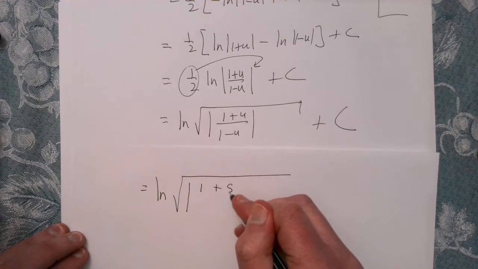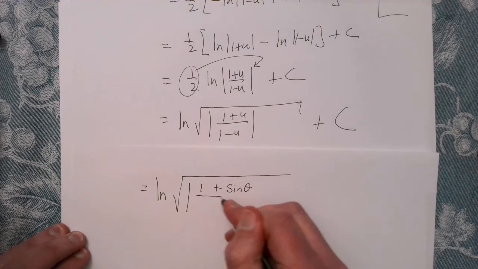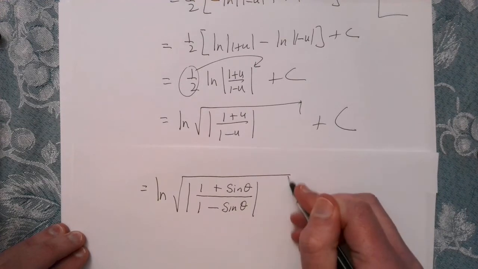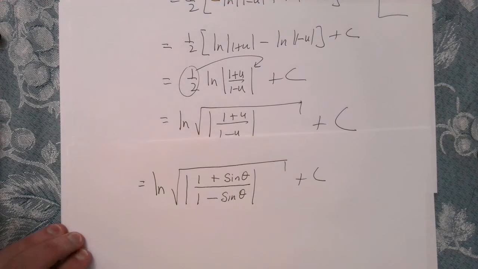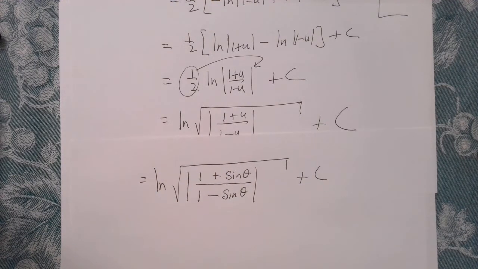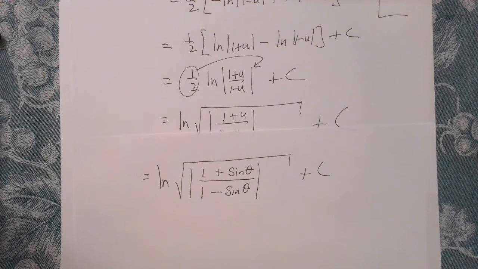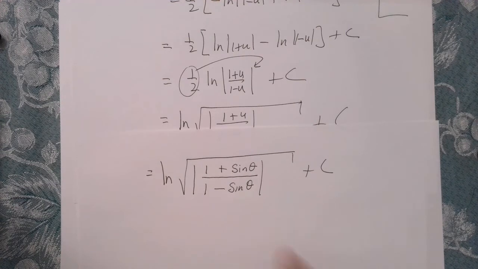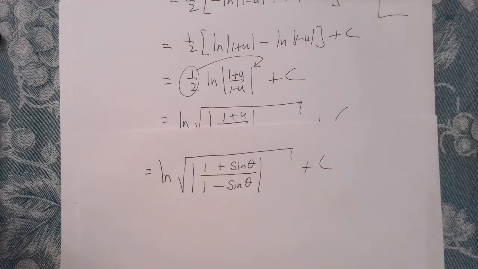Okay, so I've got 1 plus the sine of theta, I've got 1 minus the sine of theta, plus c. And I'm thinking about where we need to land. It'd be ideal to land at maybe secant of theta plus tangent of theta, or tangent of theta plus secant of theta inside. So we need to work towards that.